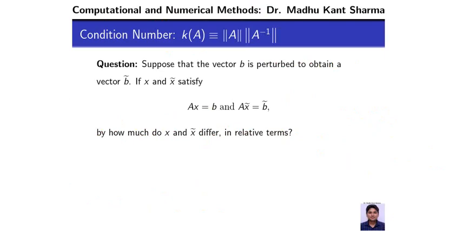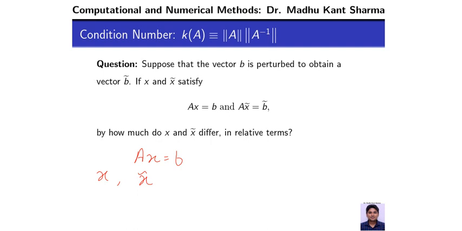Okay. So next we are going to define the condition number for the given matrix A. So that will tell you what happens if you perturb X. When you solve the equation Ax equals B, you are not getting the exact solution. You are getting an approximate solution X tilde.